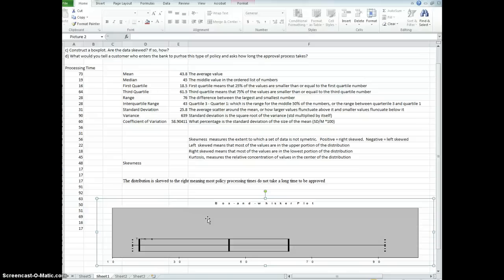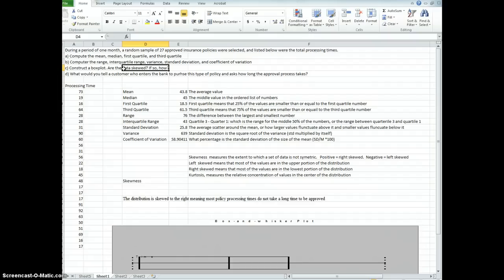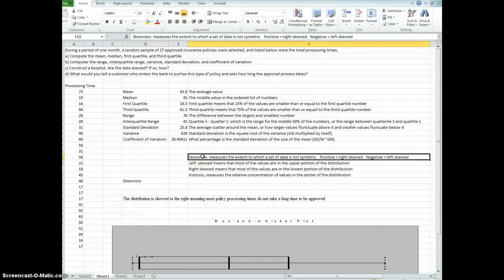So I'm going to show you a shortcut. Since we want to know, is the data skewed, we're simply going to calculate skewness. Skewness measures the extent to which a data set is not symmetric. So if it's positive, it's right skewed. If it's negative, it's left skewed.